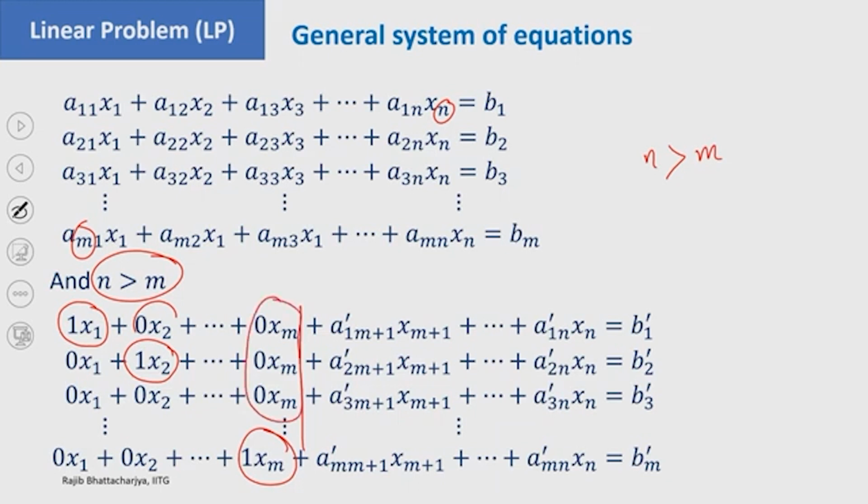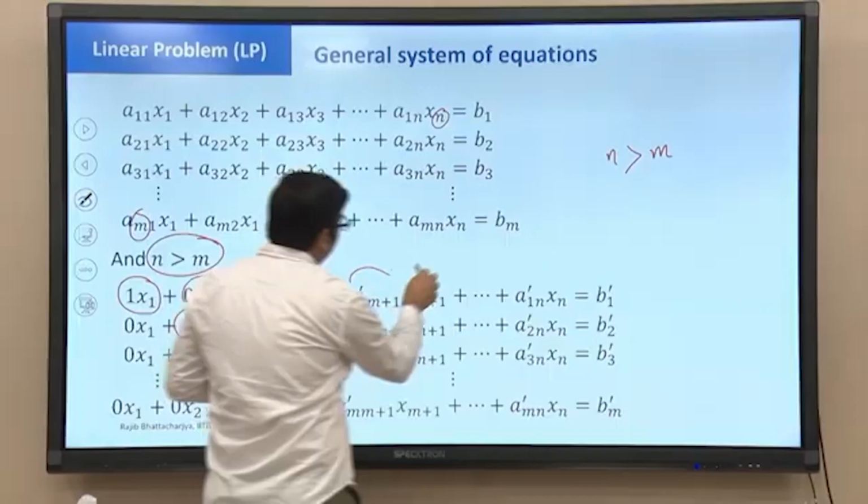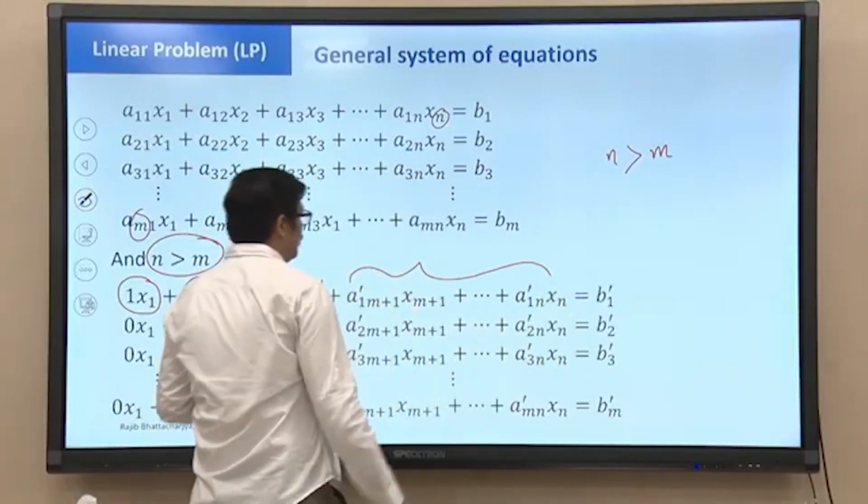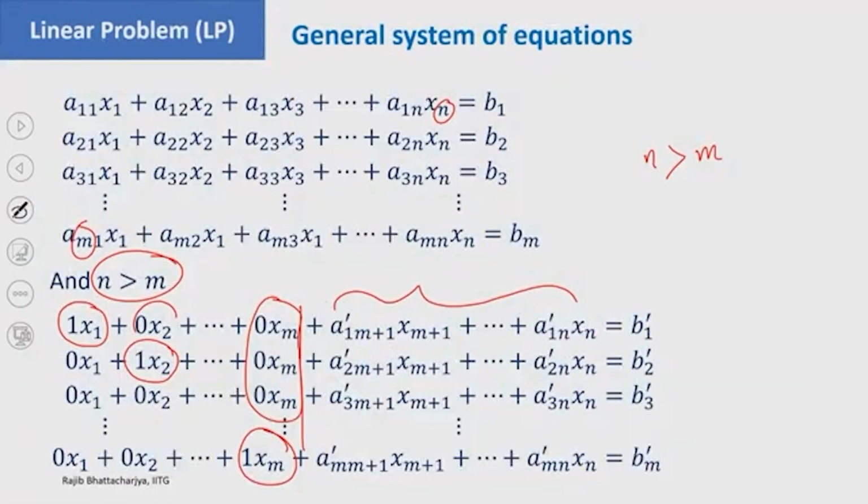We can say that these are the basic variables and these are the non-basic variables, from m plus 1 to n. For the non-basic variables, we will set them equal to 0.